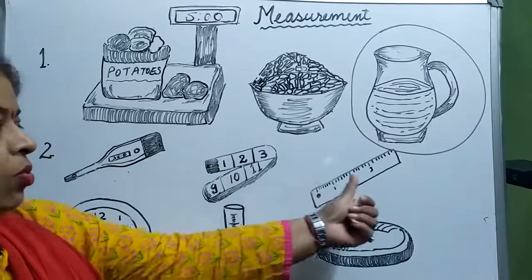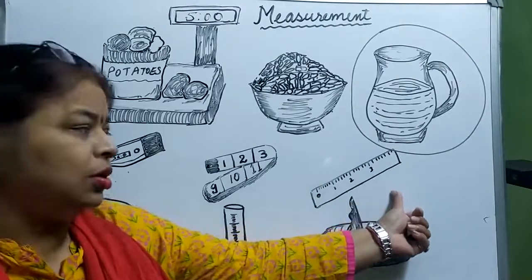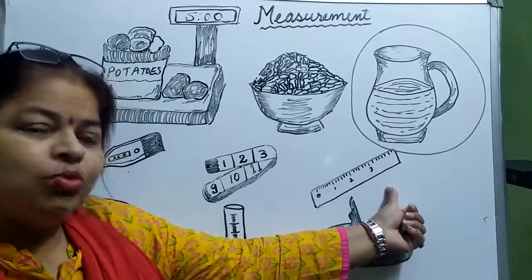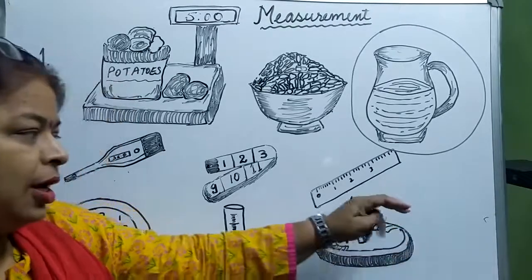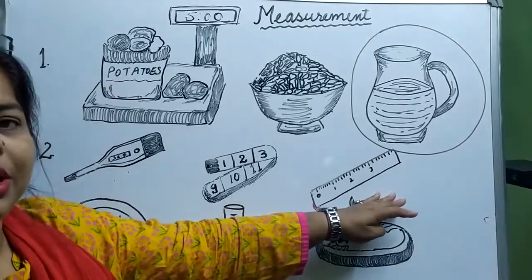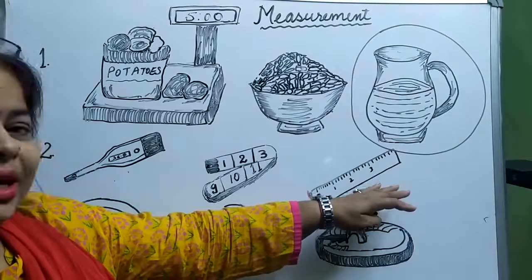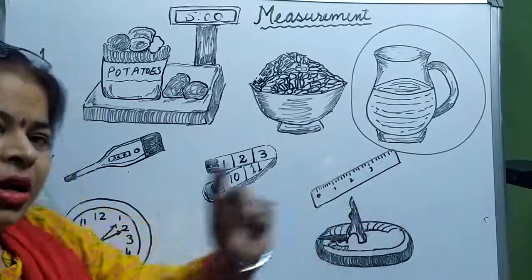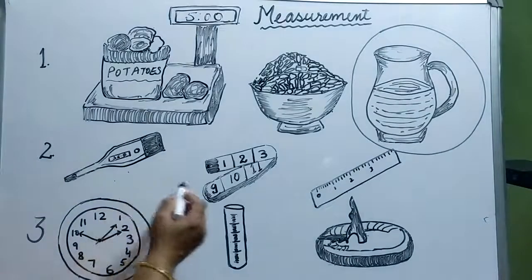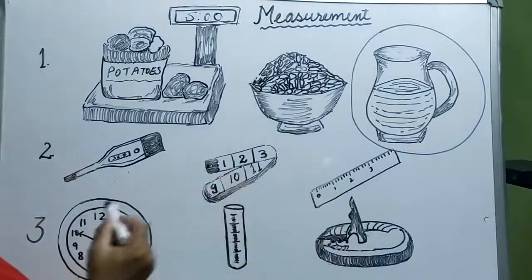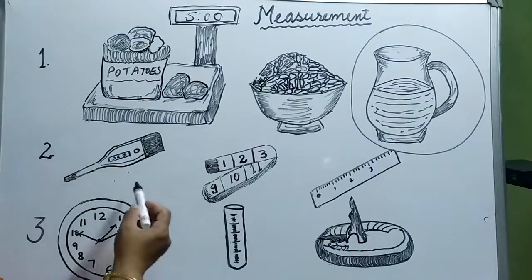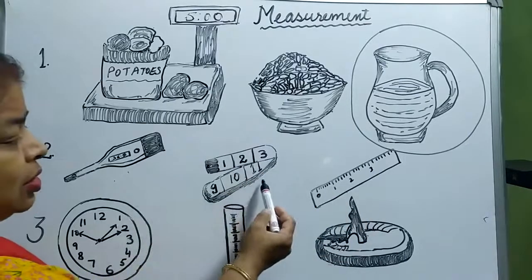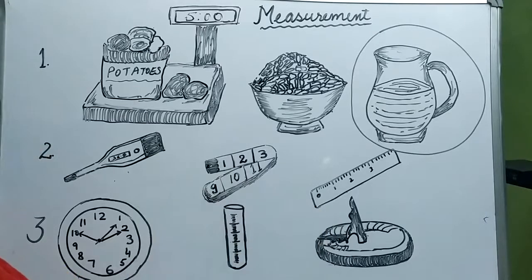Now what about the scale or ruler? For what is it being used? Again, to measure length, but it may be of small dimensions. Now just think about it and let me know which one is the odd one out. Do you think these three are similar? Are these devices used to measure similar things?